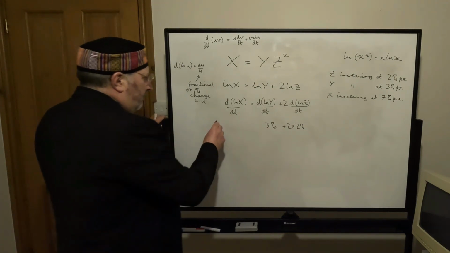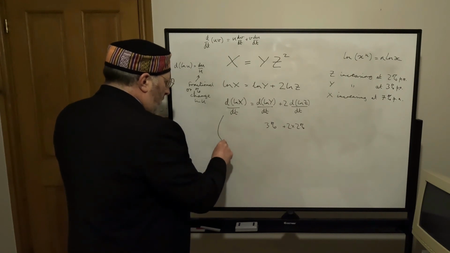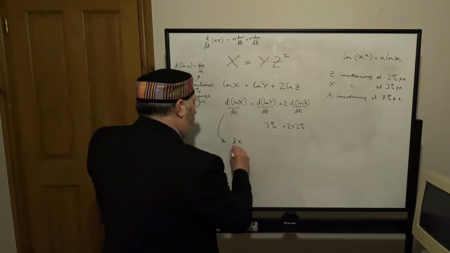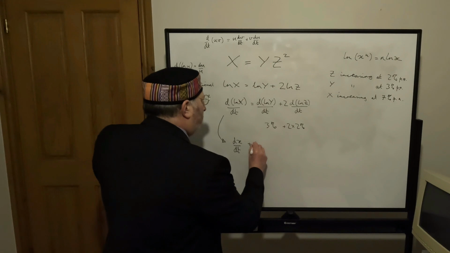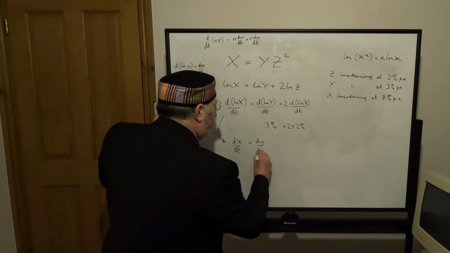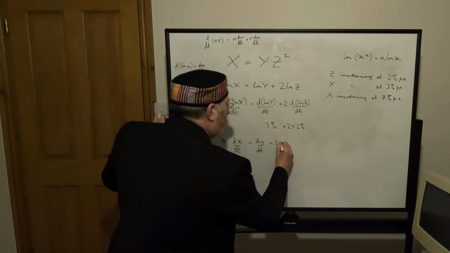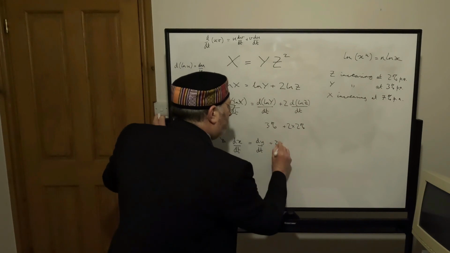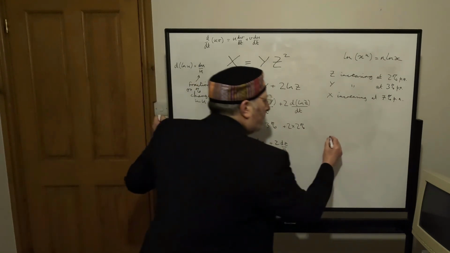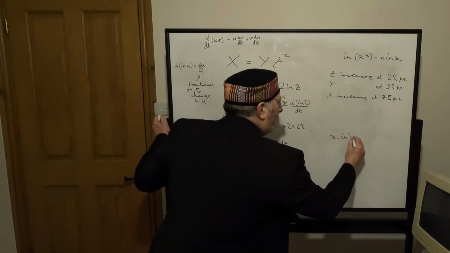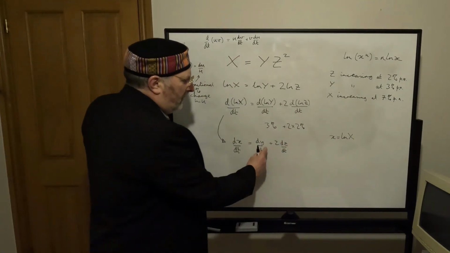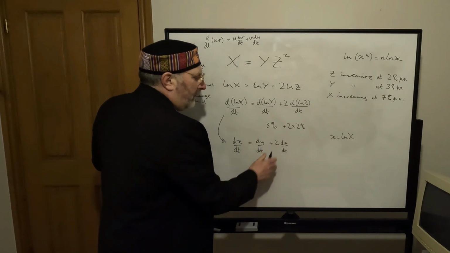And I'll just mention a little bit more notation here. We could write this as dx by dt equals dy by dt plus 2 dz by dt, where x equals log of X. So I've used a little x to represent log of x, and similarly for y and for z.